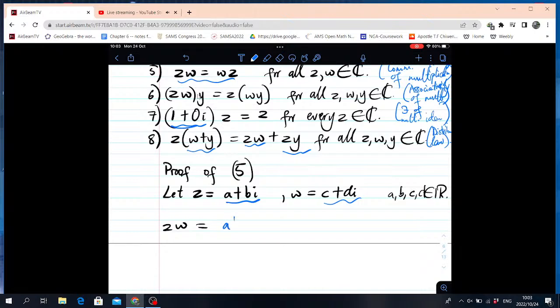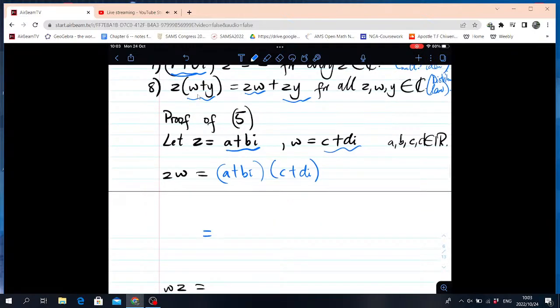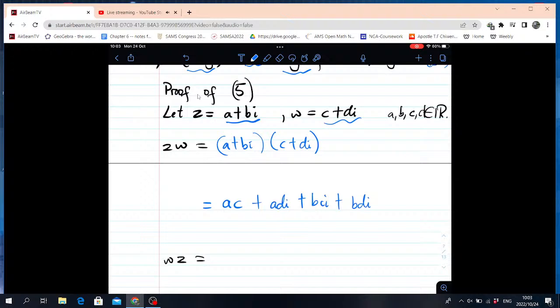So a plus bi times c plus di is going to be equal to ac plus adi plus bci plus bdi squared. And then if you simplify that, i squared is minus 1. So you end up with ac minus bd, plus (ad plus bc)i.